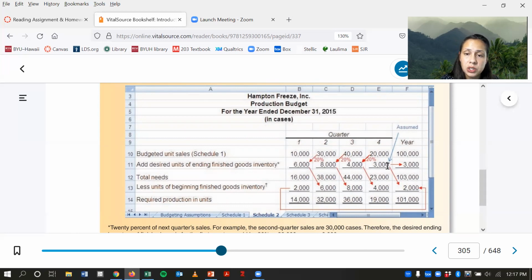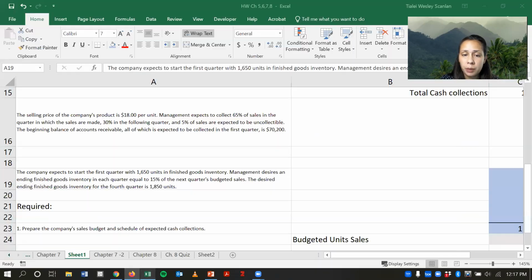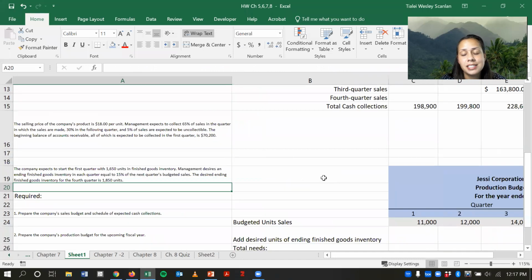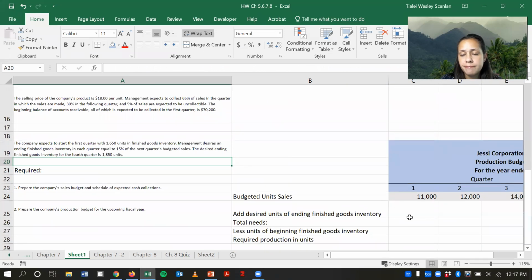They told us this assumed amount. And then our beginning becomes the beginning of the year. So these are some assumptions here with this red arrow, and I'll help you through this problem to get the full scheduled budgeted unit sales in our production budget, and how much required production we need.